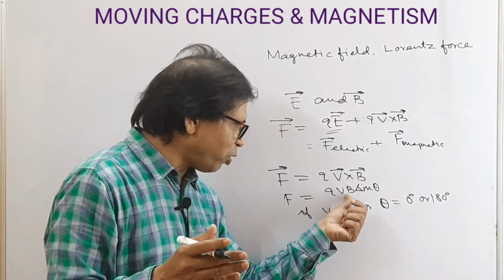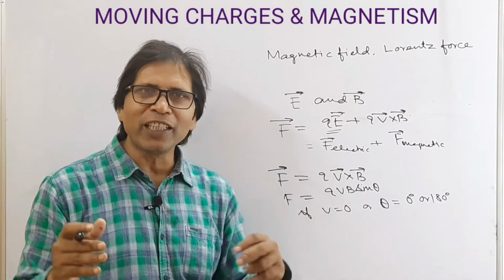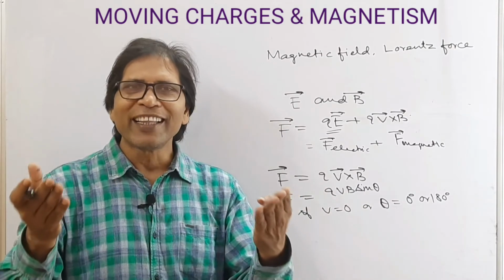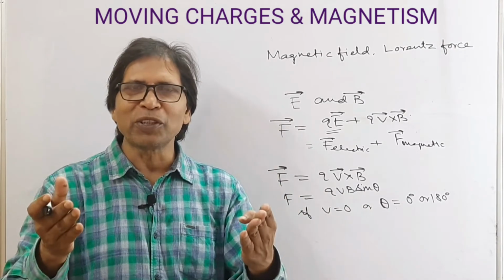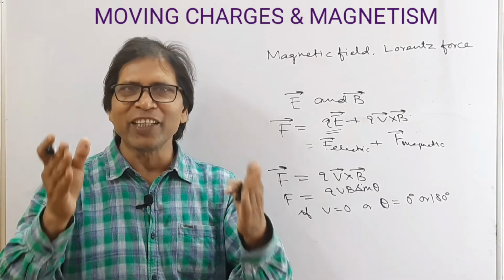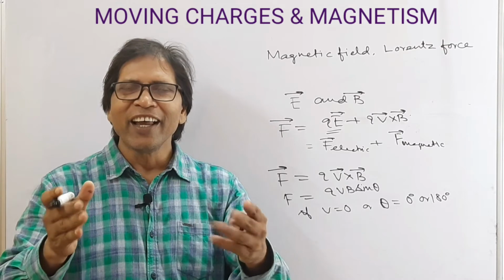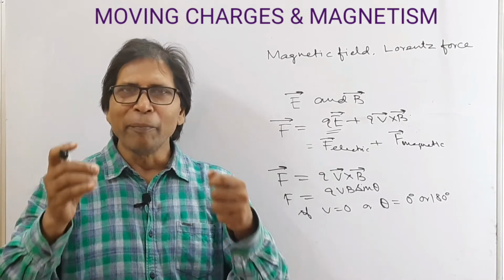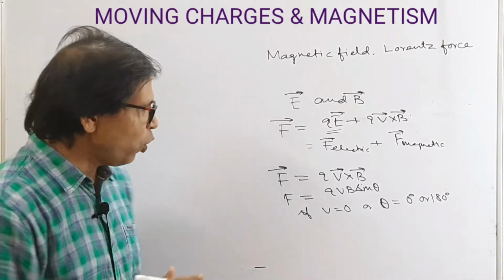Now, when V equal to 0, magnetic force is also 0. That is, magnetic force on a stationary charged particle is 0. Okay? Now, we define magnetic field. Look at this.